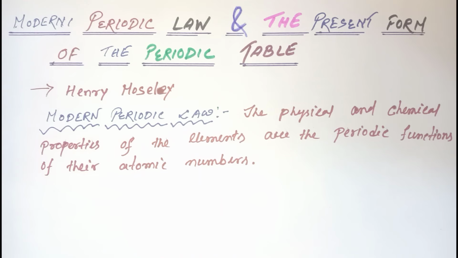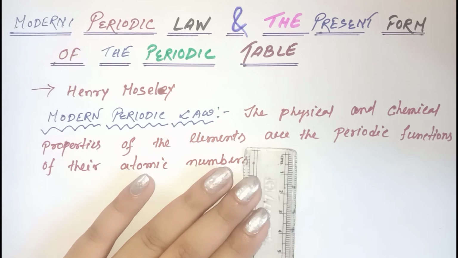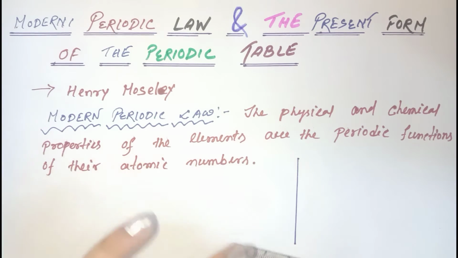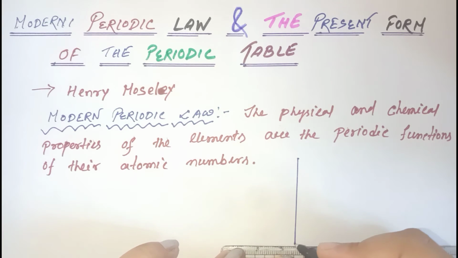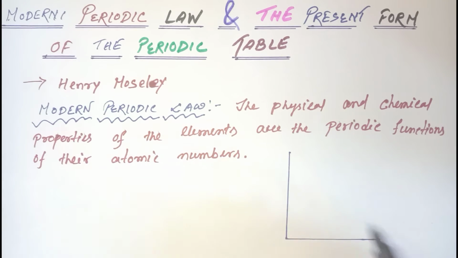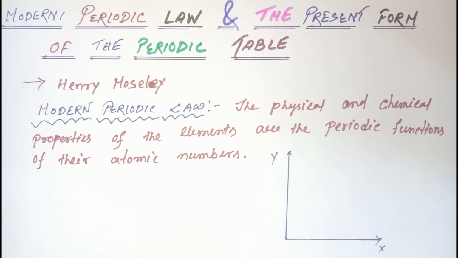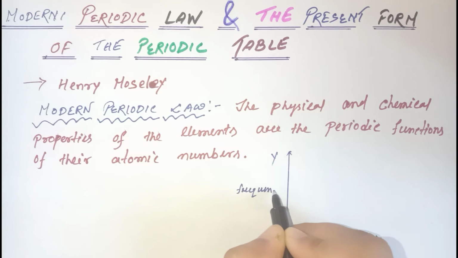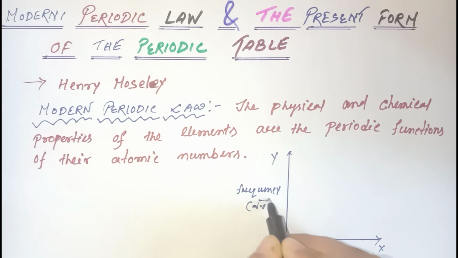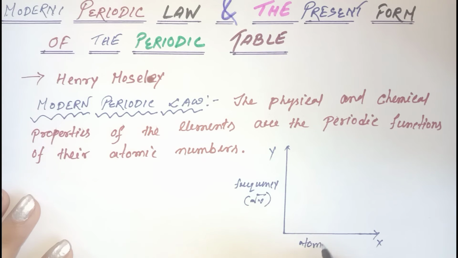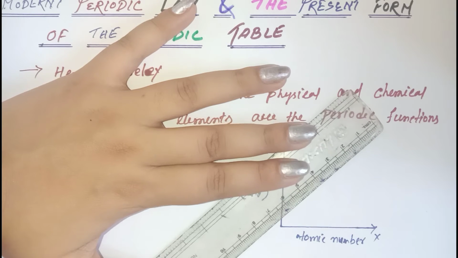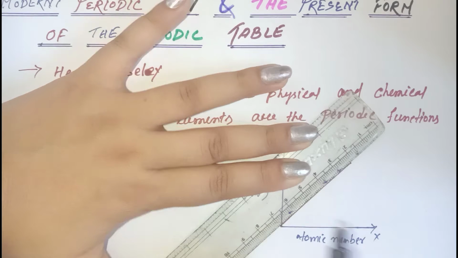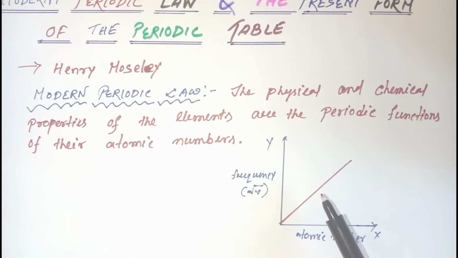He plotted a graph between atomic number and frequency, and after plotting the graph he got a straight line, like this.